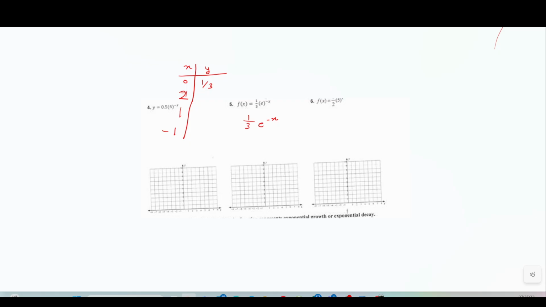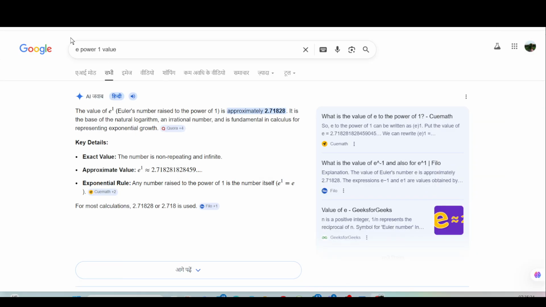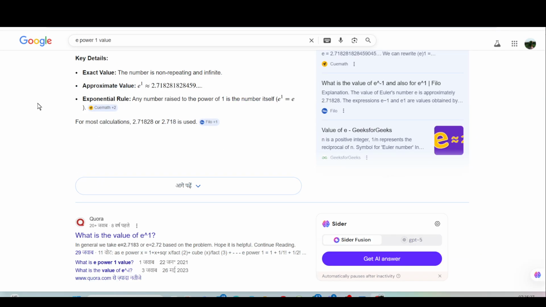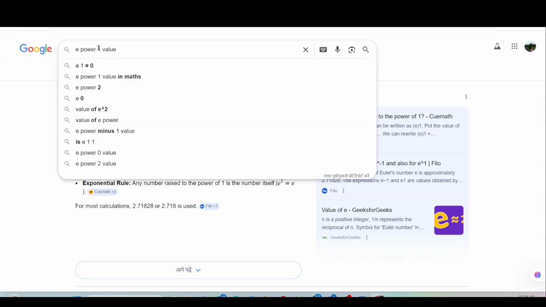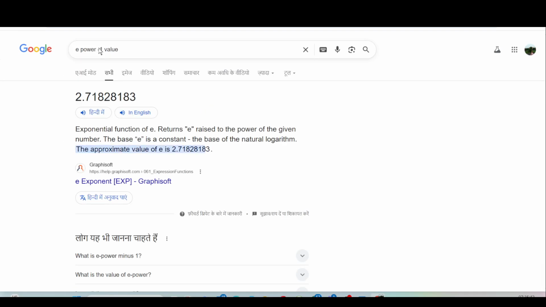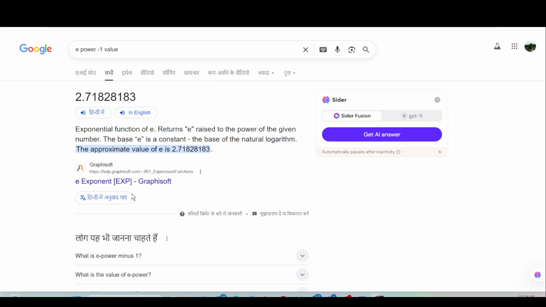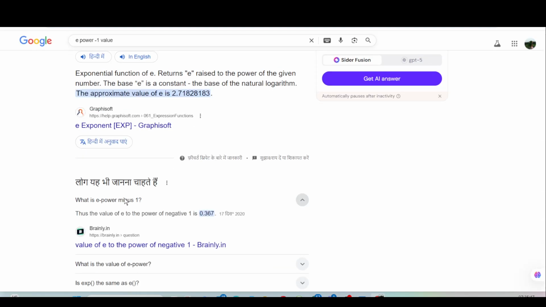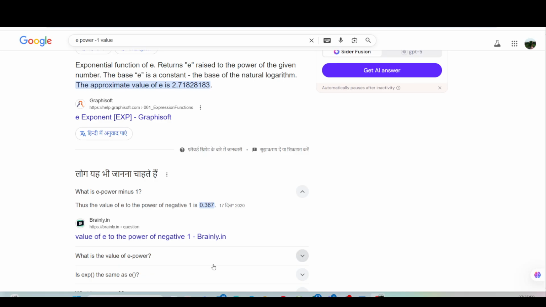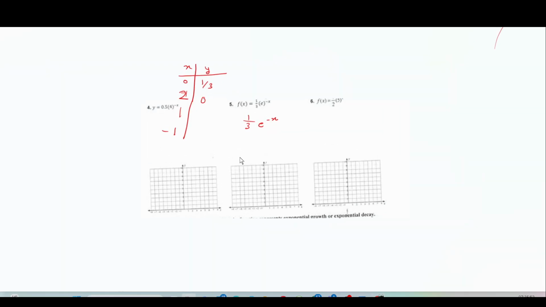So this is negative 1. So I need to put 0.36. Negative 1 is 0.36. And if I put negative 1, this will become positive 1, right? Because there is a negative sign already.